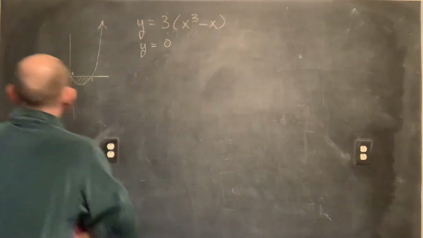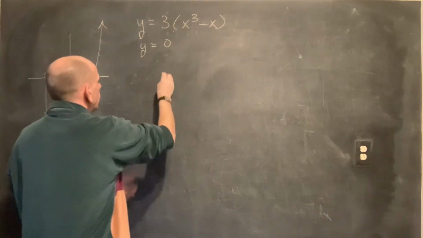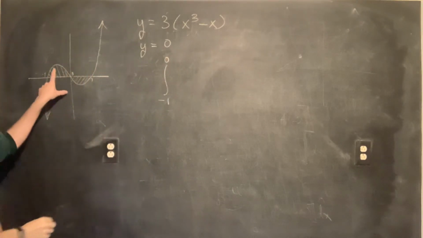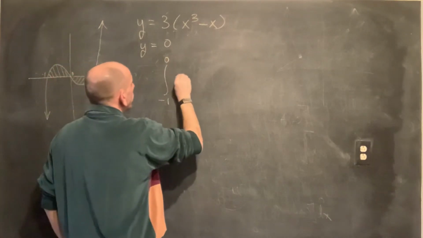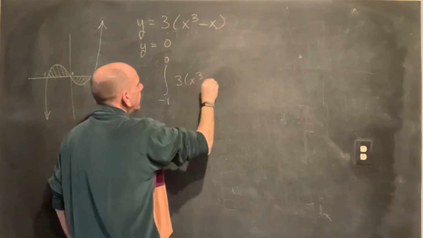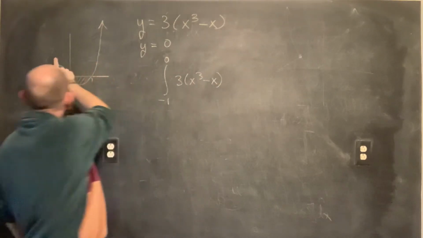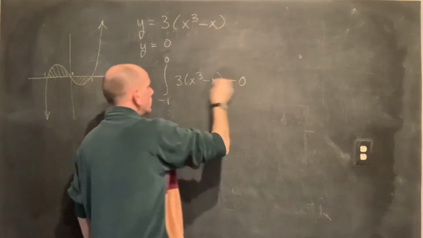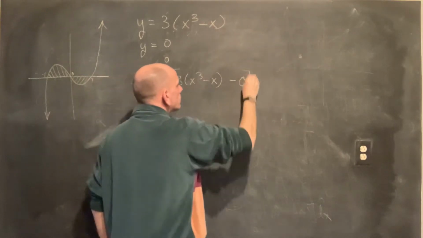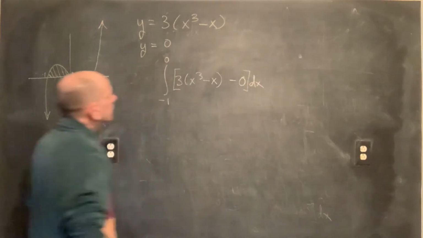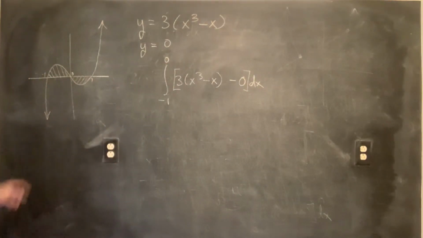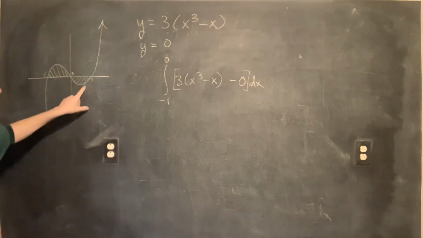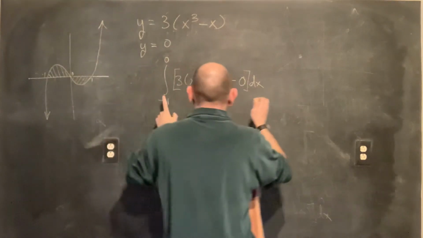So the first thing I need to do is look at this interval, negative 1 to 0. On that interval, the 3x cubed minus x function is greater than my other function. It's just a minus 0, so no big deal. Okay, so that's on this interval. But now the behaviors switch, so I'm going to have to split that.